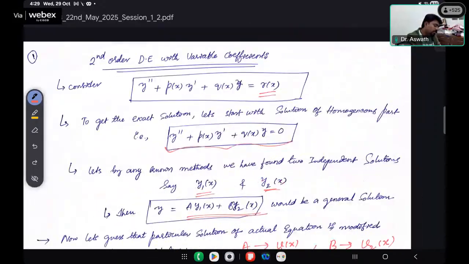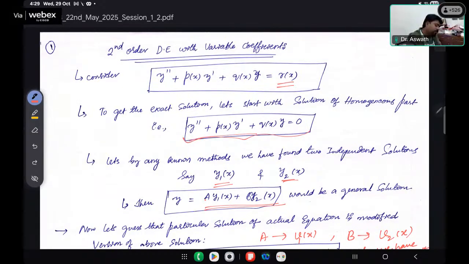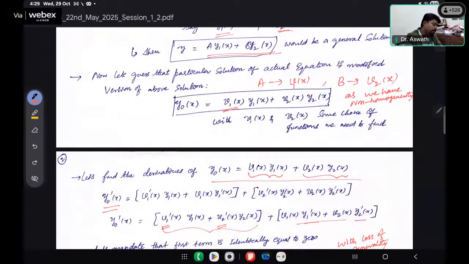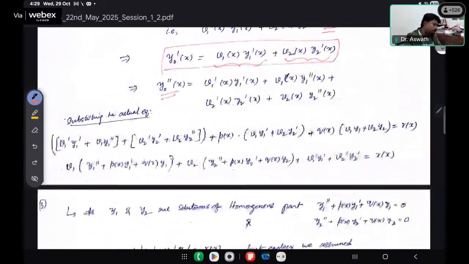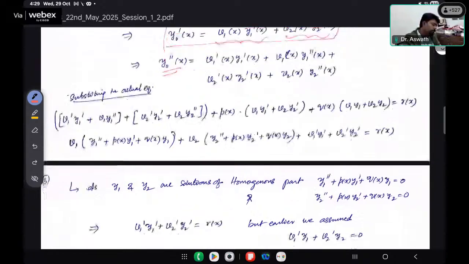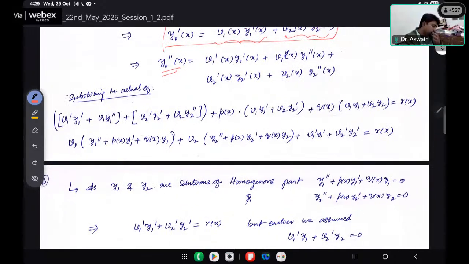What is the actual equation? This is the actual equation. If you substitute into the actual equation and do some rearrangement, this is the final form it will appear in.